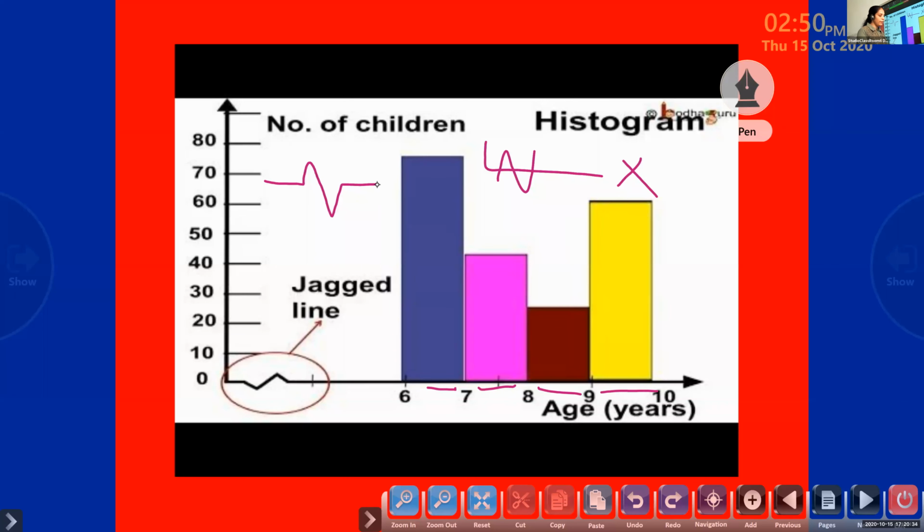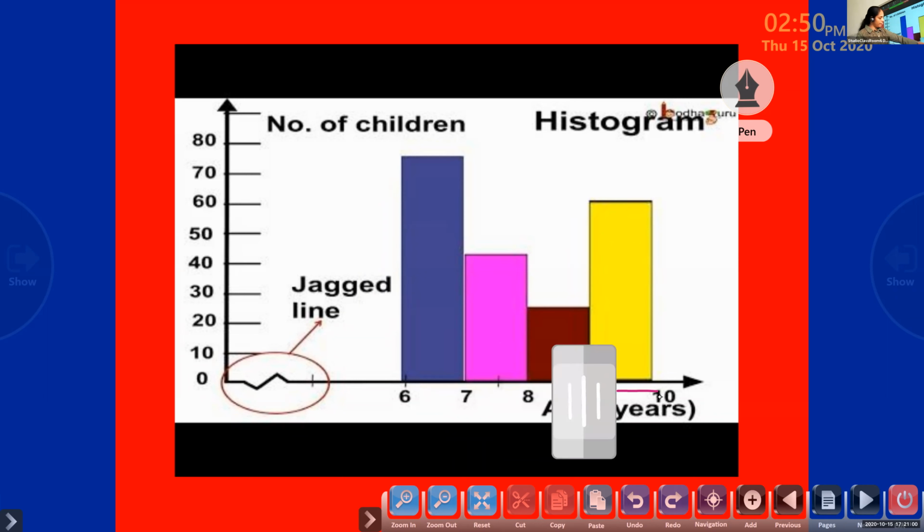You can see graphs like this, frequency graphs. So you should draw it like that. There should be a connected line like this. Is it clear to you?